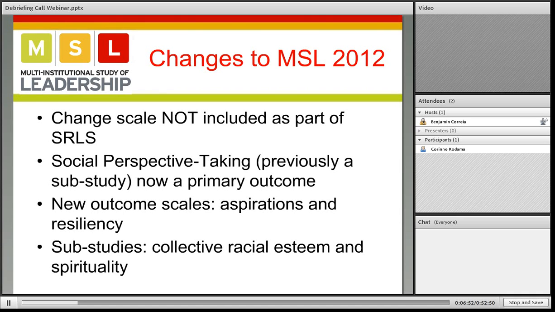So there have been some changes that have been made to the MSL this year. We want to point these out to you, especially if you've been part of our study before, just to make sure that you're aware of some of the changes that have taken place. So first of all, you'll notice that the change value that was included prior is not included in this year's study. The reason being is that the change scale seemed to measure students' attitudes toward change, not necessarily the capacity to enact change as part of leadership.